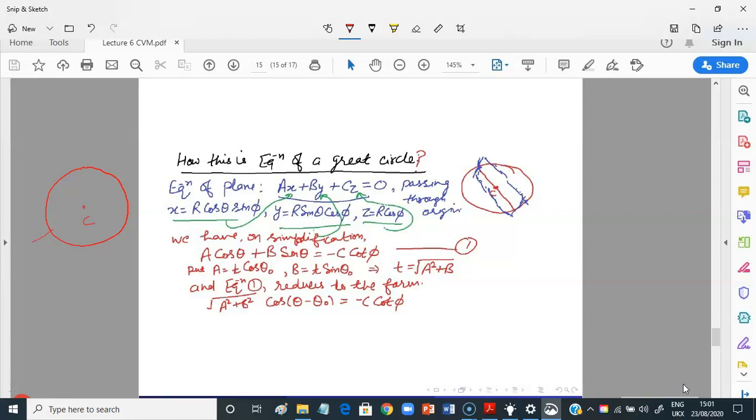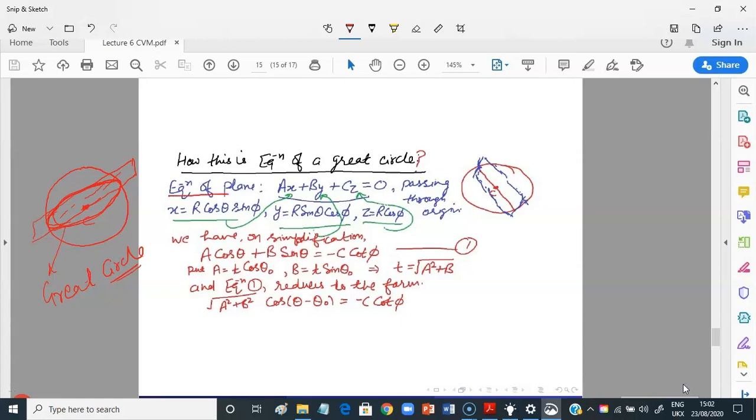Now, if a plane is passing through the center of the sphere, it means the sphere is cut by this plane. When this plane cuts the sphere, the circle that appears in this manner is called a great circle. So a great circle will be obtained if the sphere is cut by a plane through its center.